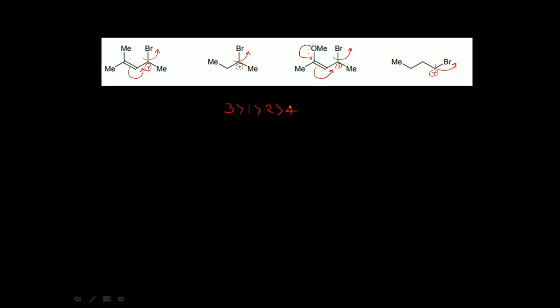That is the reactivity order, because this carbocation is more stabilized by the plus M effect of the methoxy group. Here only methyl groups exhibit the hyperconjugation effect, but in this case there is a resonance effect from the methoxy group. That's why this is a more stable carbocation, so it is readily involved in nucleophilic substitution reactions.